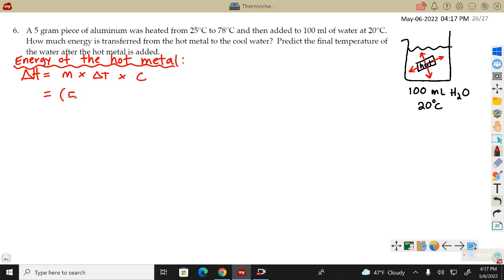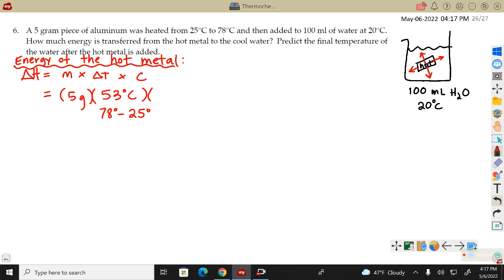We've got a 5-gram piece of metal. We've got the temperature change. It's going from 25 degrees to 78 degrees. So I'm increasing in temperature by 53 degrees Celsius. It's temperature final minus initial. Final minus initial. And then specific heat.